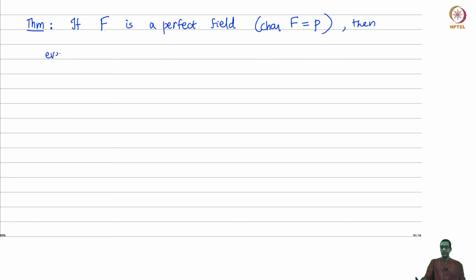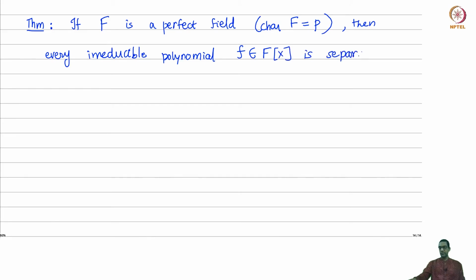Then every irreducible polynomial f in F[x] is necessarily separable. Okay, so let's prove this.